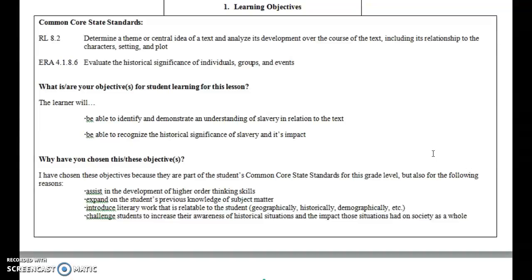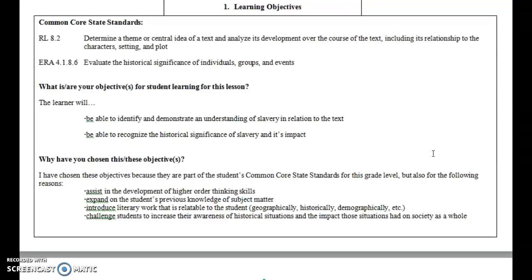And demographically, because the demographics of my school are primarily African American, this gives them a work relatable to them as a heritage, and can also, in one way, relate back to number 1, giving them the opportunity to think about how things have changed so much, primarily for African Americans in the South today versus then.